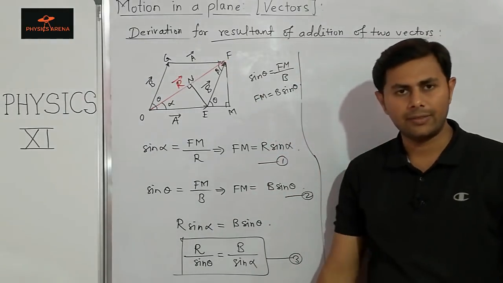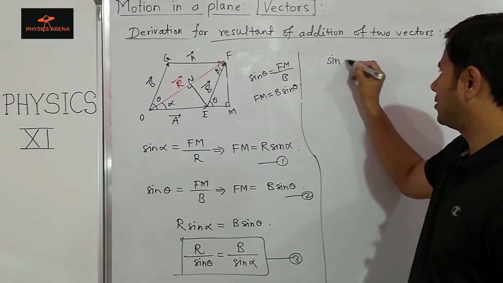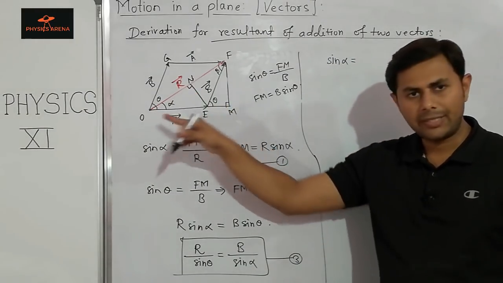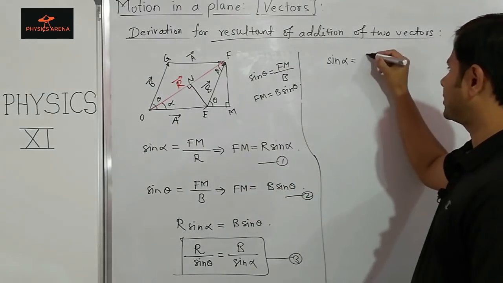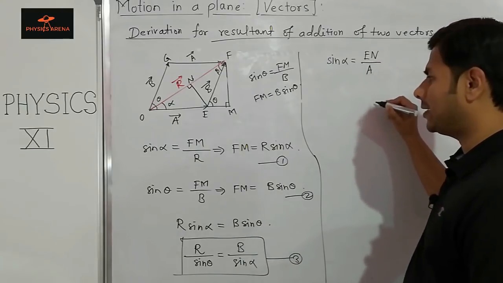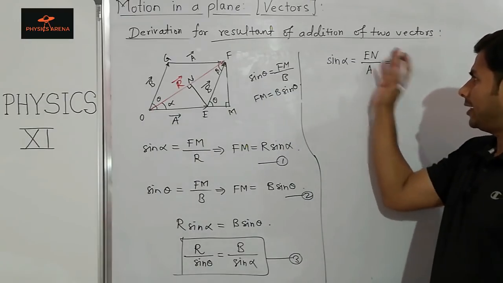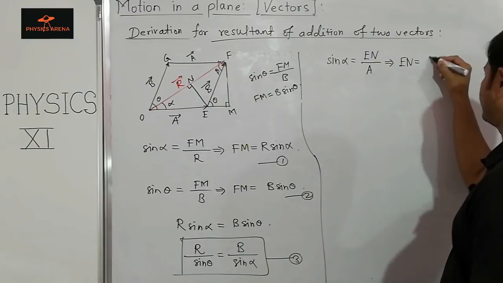So this is the angle. So what will be sine of alpha? It is equal to EN divided by the hypotenuse, and the hypotenuse is the magnitude of A bar. So it is EN divided by the magnitude of A bar, which is A. So it gives me EN equals A sine alpha.